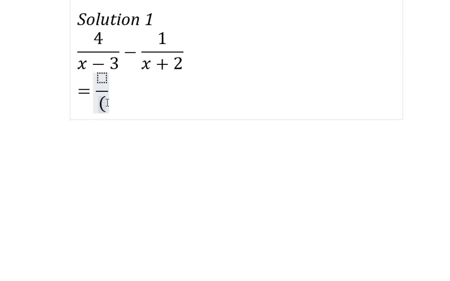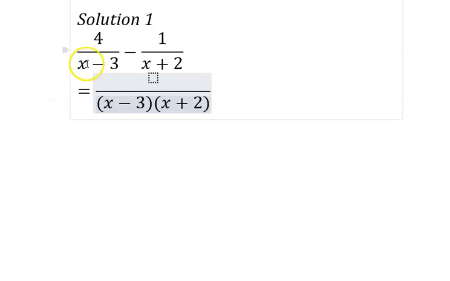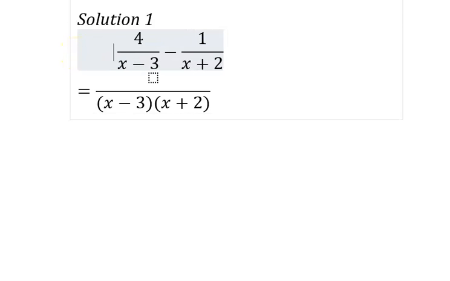So the LCM will be what? x minus 3 and x plus 2. Awesome. So that's the LCM. Let's move this one here. Beautiful. So the LCM of this and this is what we have here, x minus 3, x plus 2.